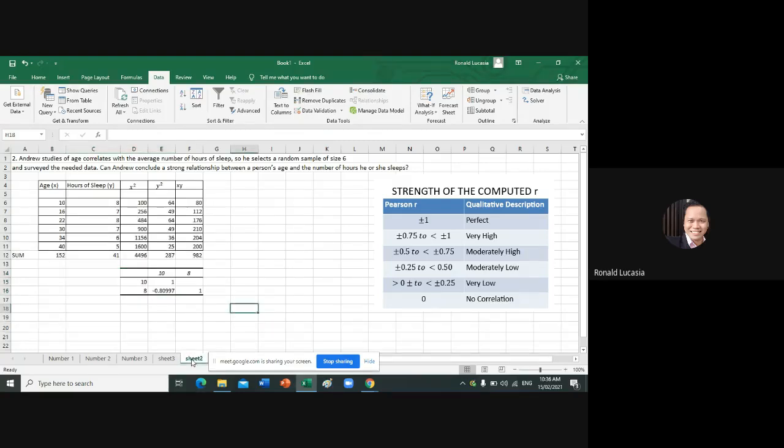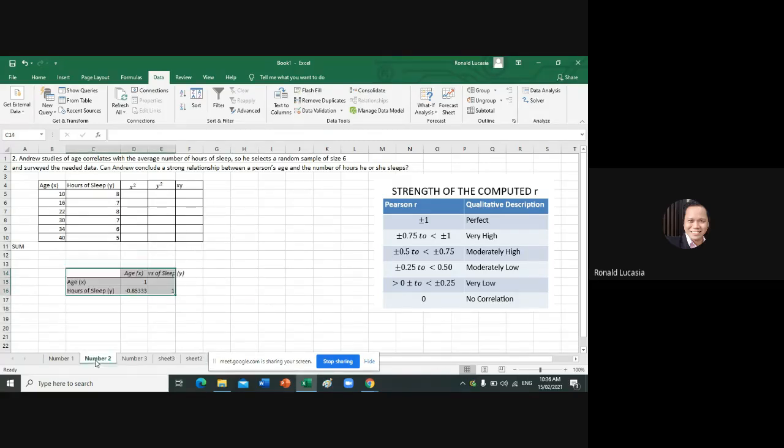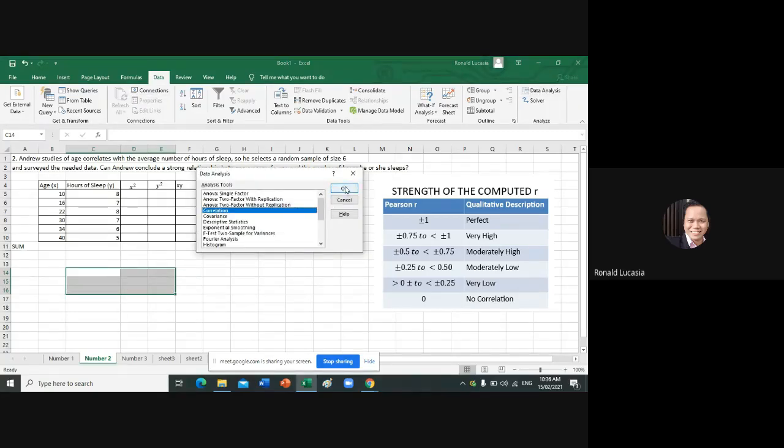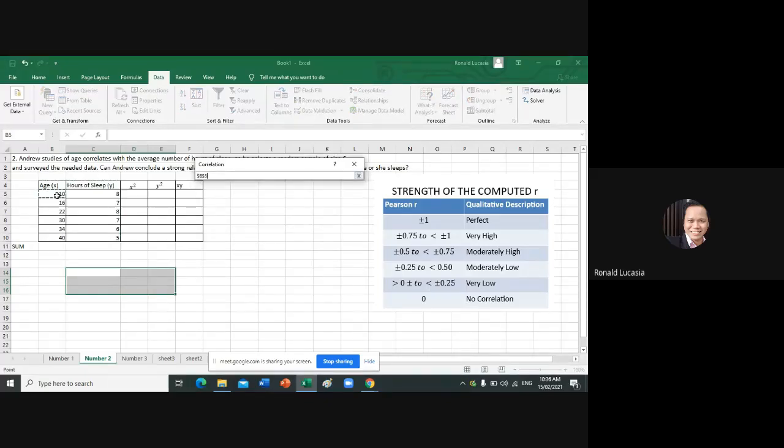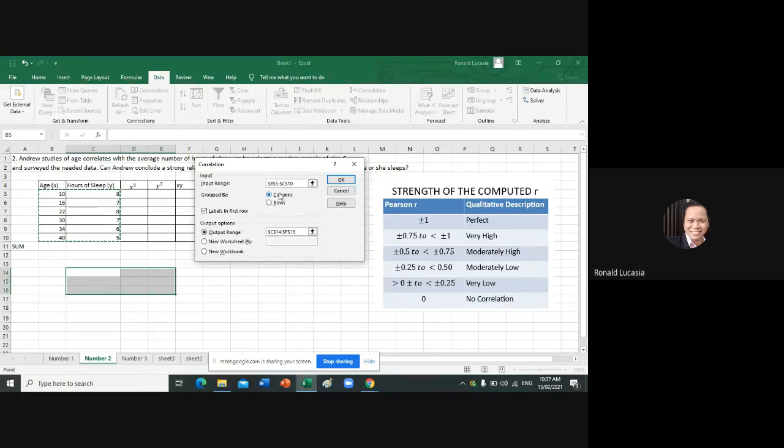Let's compute again. So again, data, the data analysis, we have there the correlation, press OK. The input range is here. I am not going to include the label. Then click this one. The output range is the same.